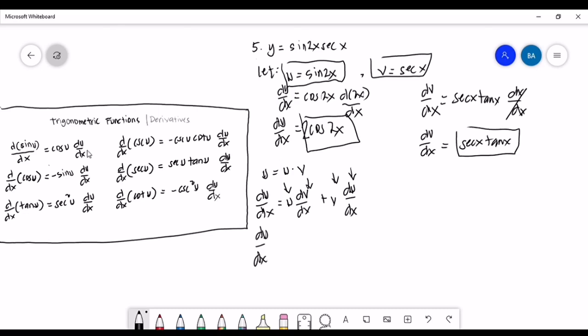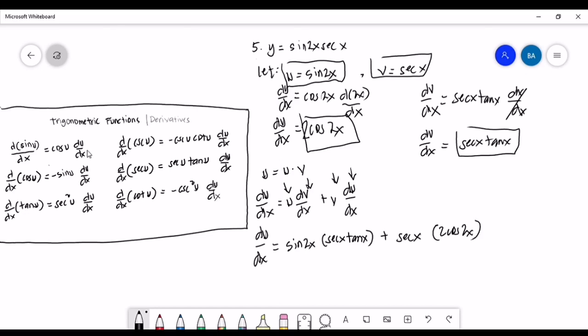So dy dx is equal to u, which is sine 2x, times dv dx, which is secant x tangent x, plus our v, which is secant x, times du dx, which is 2 cosine 2x.